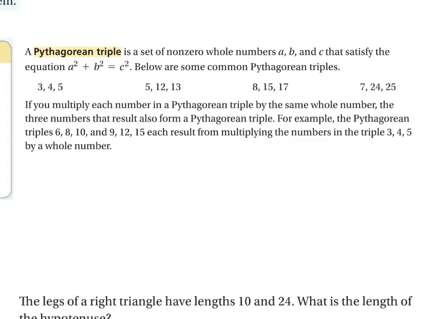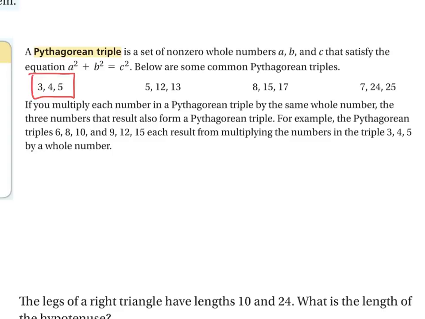We have four of them here that we use in this class often. It would be wonderful if you memorize all four of these triples. But if you don't memorize them all, I would at least like you to memorize the first one. At a bare minimum, memorize the 3, 4, 5.